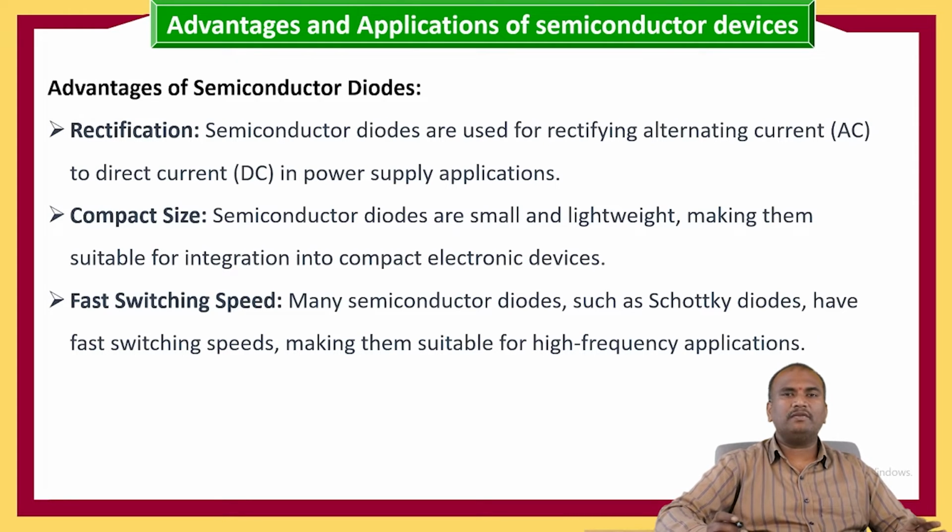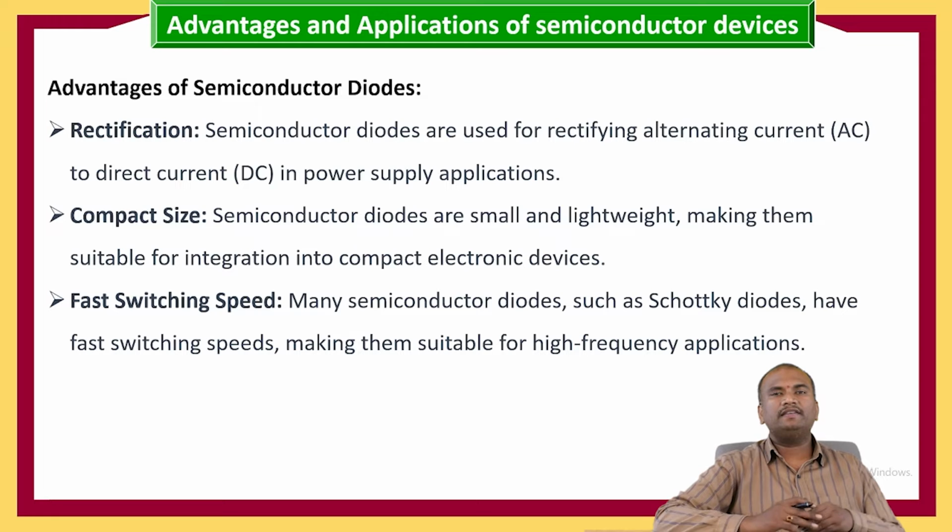The first advantage is rectification, that is the conversion of AC supply into DC supply, which is done with the diodes, and these are the major equipment used for the rectification process.